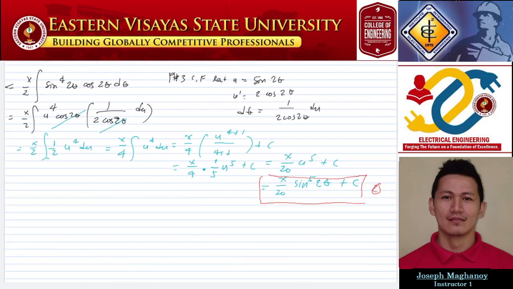So your final answer for example number 14 would be 3x over 16 theta minus x over 16 sine 4 theta plus x over 128 sine 8 theta plus your second term x over 20 sine raised to 5 2 theta. Then combining all the arbitrary constants, this is your final answer for example number 14.